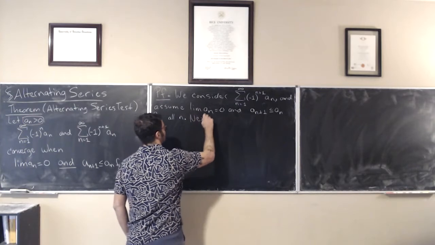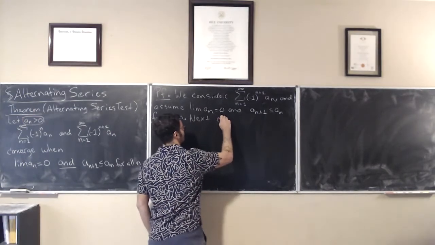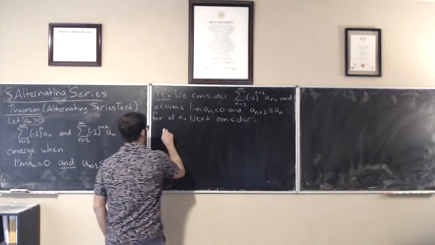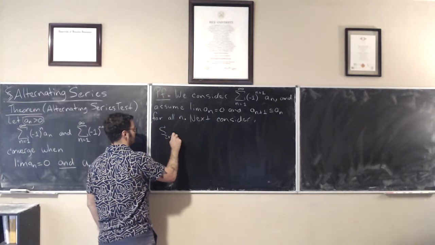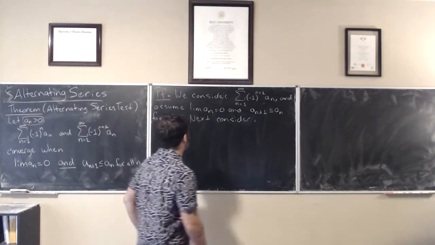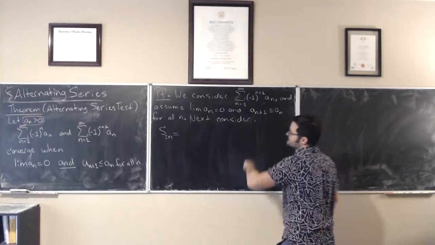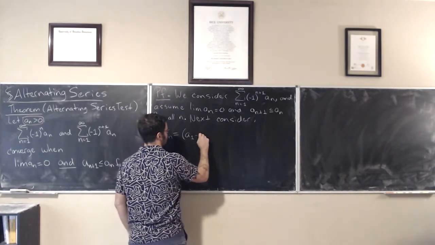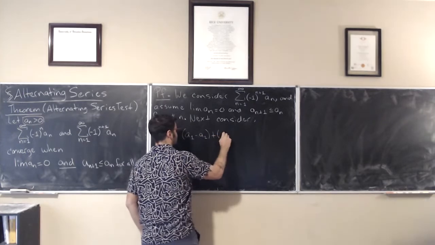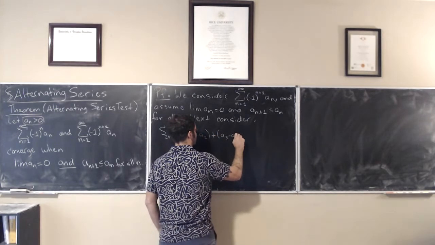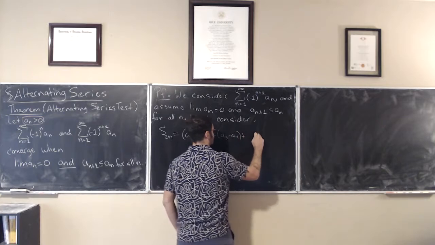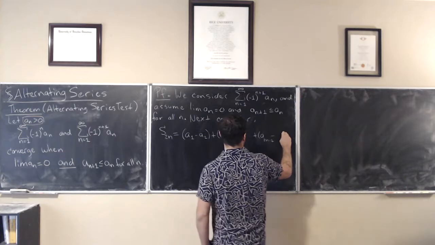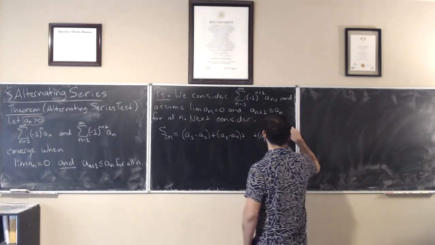Next, consider S_2n, which is going to be equal to, when n is equal to 1, positive, and when n is equal to 2, negative. So I'm going to group them together like this: (a_1 minus a_2) plus (a_3 minus a_4) and so on up to (a_(2n-1) minus a_2n).